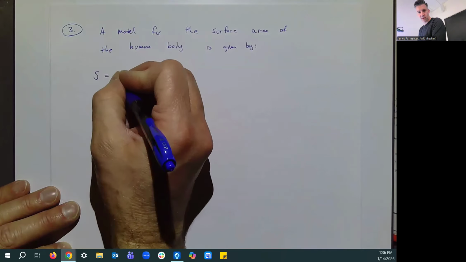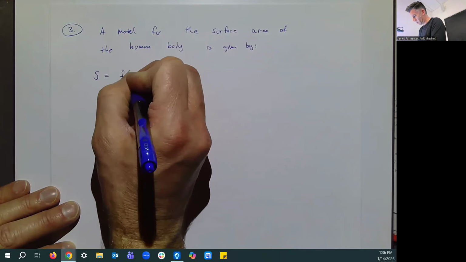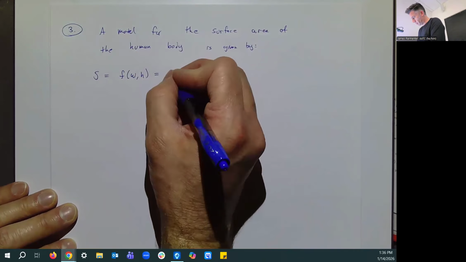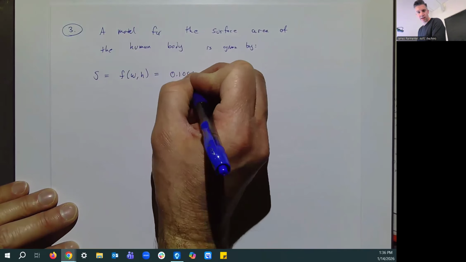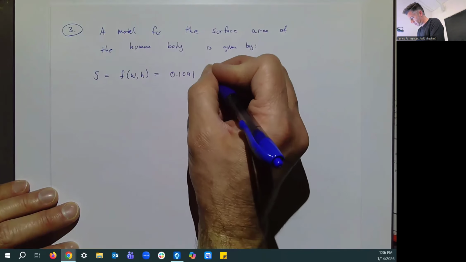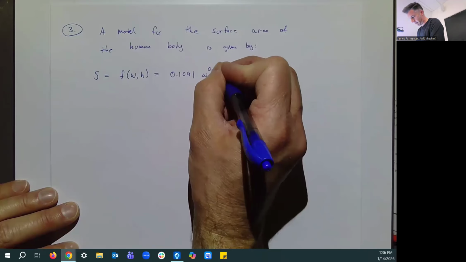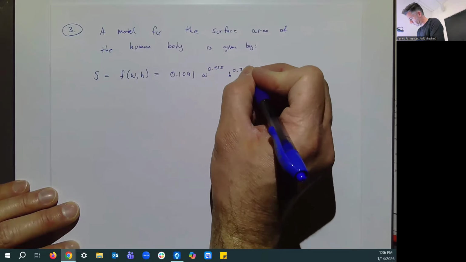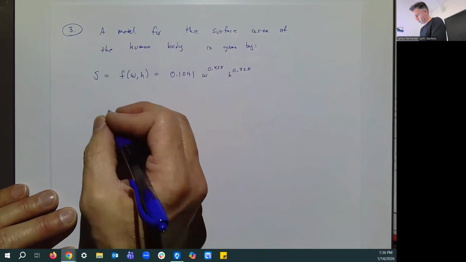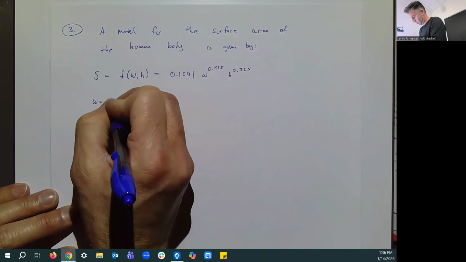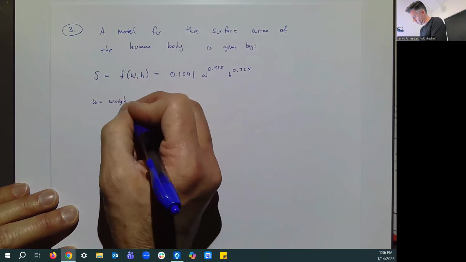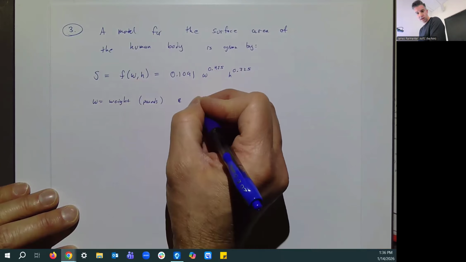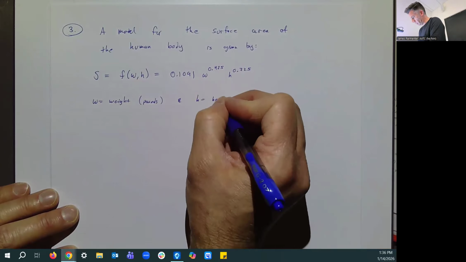Capital S is equal to f of w, h, and it's very gnarly. It's 0.1091 times w to the 0.425 power times h to the 0.725 power, where w is weight measured in pounds and h is height measured in inches.